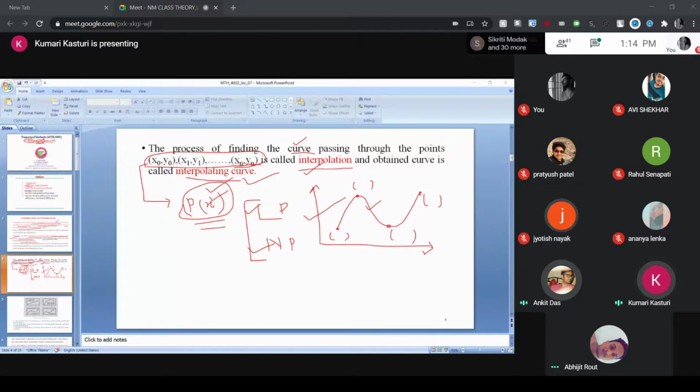Sometimes it's totally blank. Okay, just a minute, I will check the internet connection.